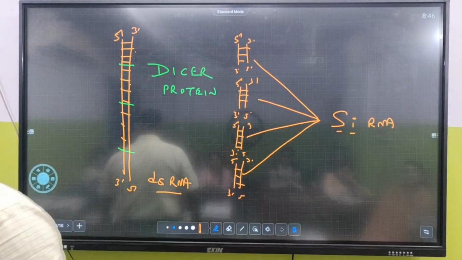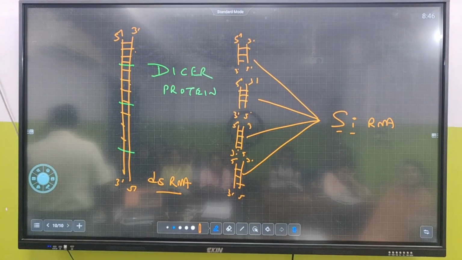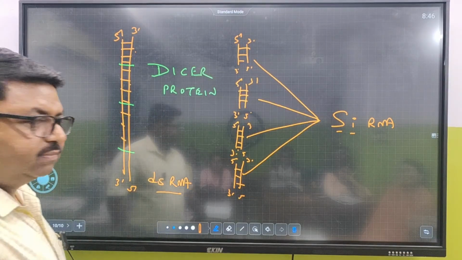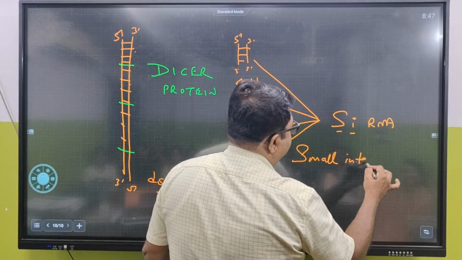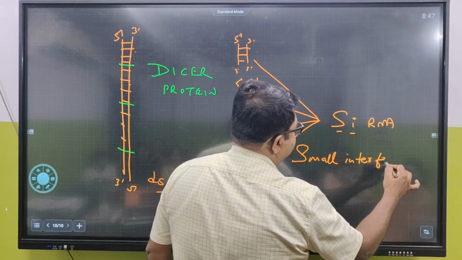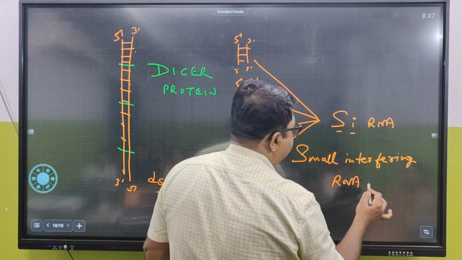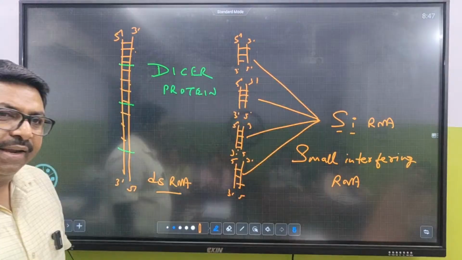What is siRNA? What is the meaning of this? Single? No, no. Small interfering RNA.